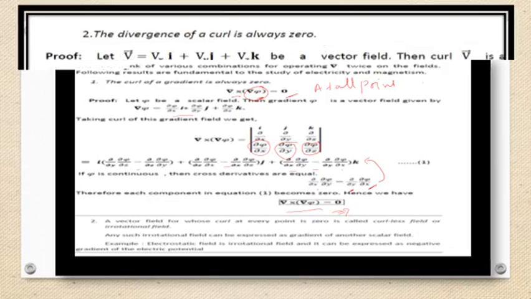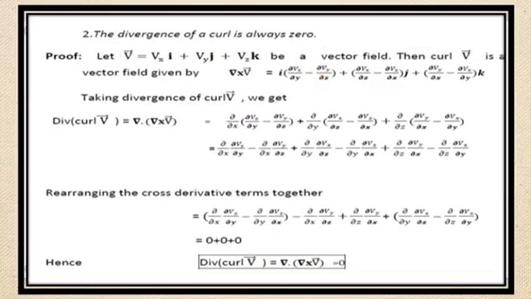Similarly, another property, when you take curl of a vector field, then you take divergence of that resulting vector field. Divergence of curl V, that is also 0. Using same property of mixed derivatives, we can show that it is also 0. You have to practice all these computing, all these derivatives, you must master.